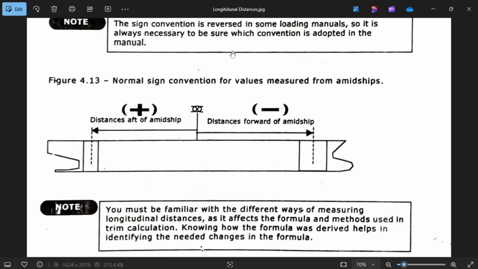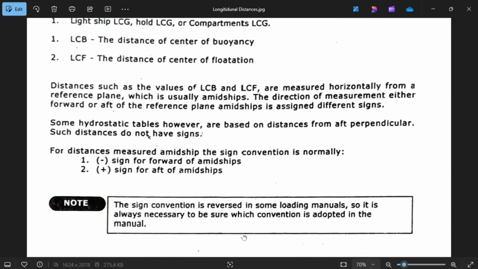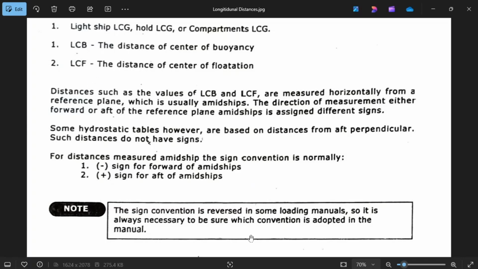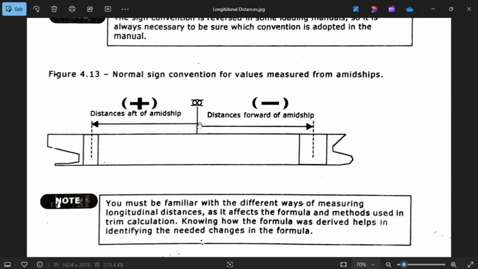Now, to continue, distances such as the values of the longitudinal center of buoyancy and longitudinal center of flotation are measured horizontally from a reference plane, which is the midship. What it means here is that the LCB or LCF should always have a reference point for measurement.